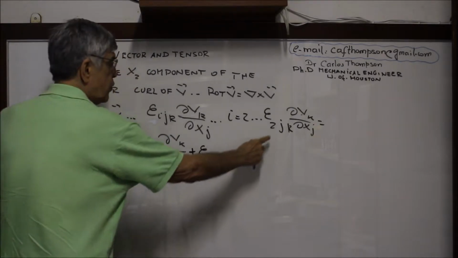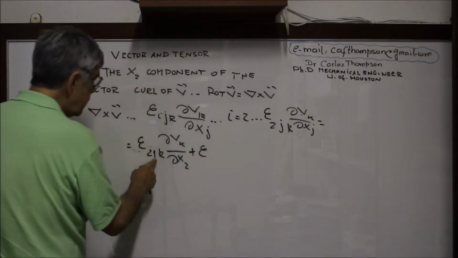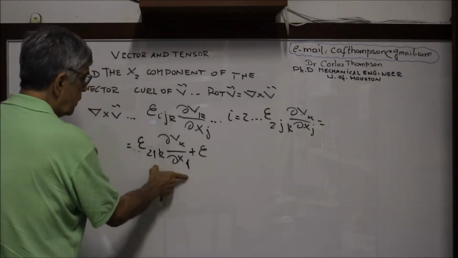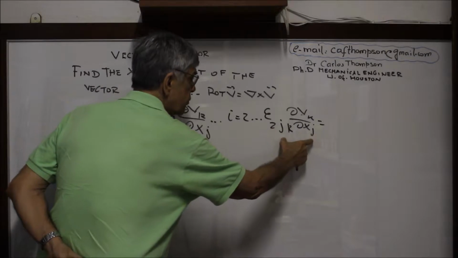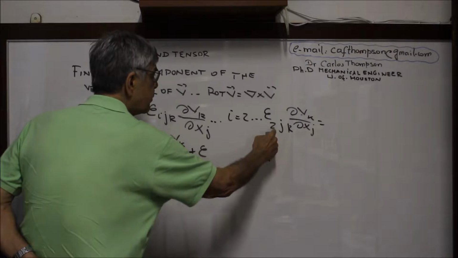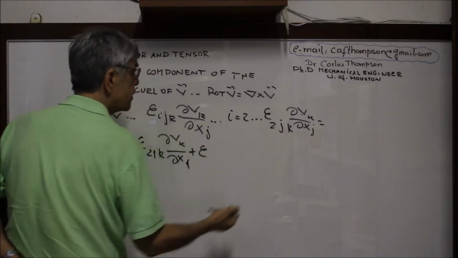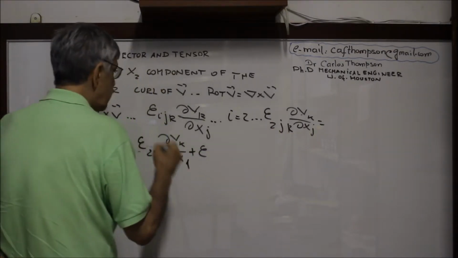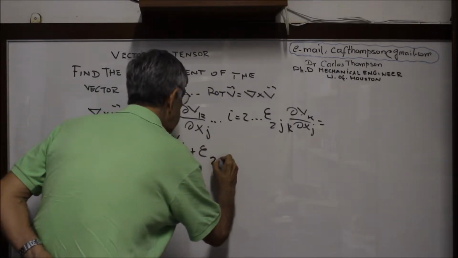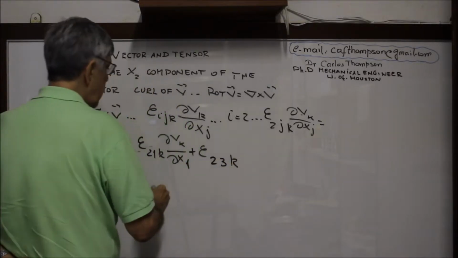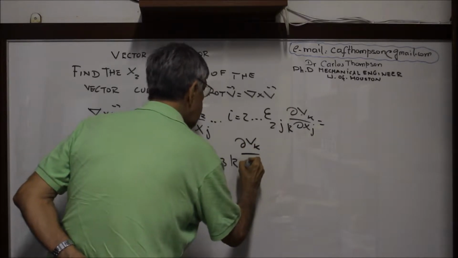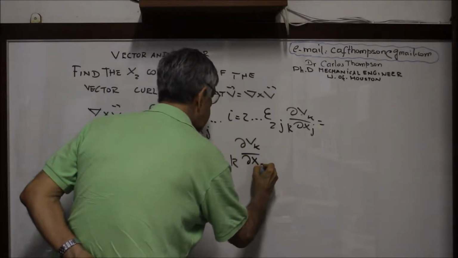Now you see j here, if j is 1, okay. Now I'm summing on j, so if j is 2, epsilon 2 2k for any k will be 0. So in this case it will be epsilon 2 3k partial of vk with respect to x3.